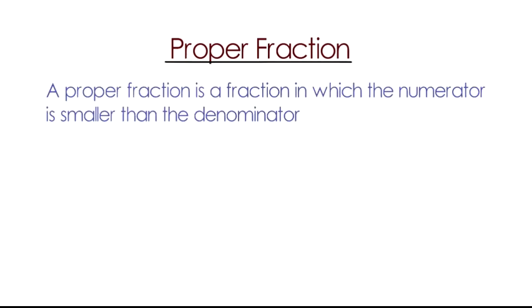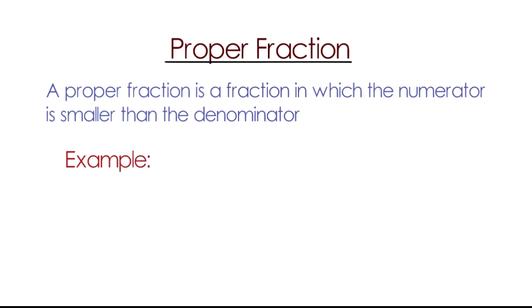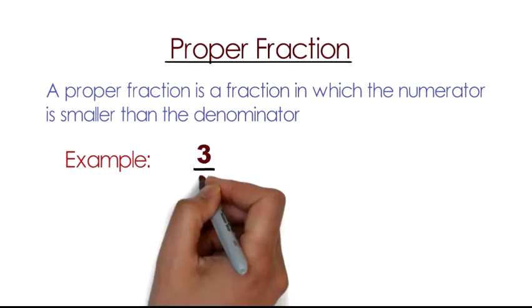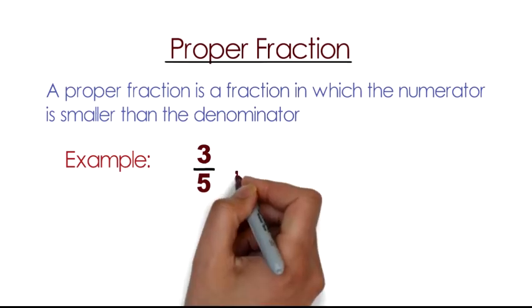A proper fraction is a fraction in which the numerator is smaller than the denominator. Example of a proper fraction is 3/5. In this example, the numerator is 3, and it is smaller than the denominator, which is 5.